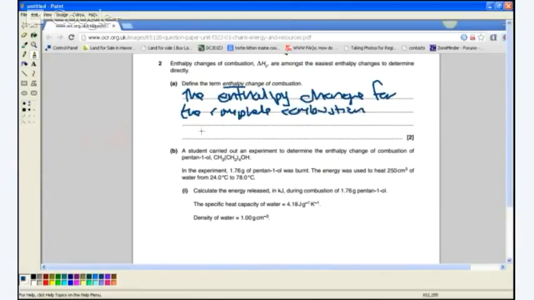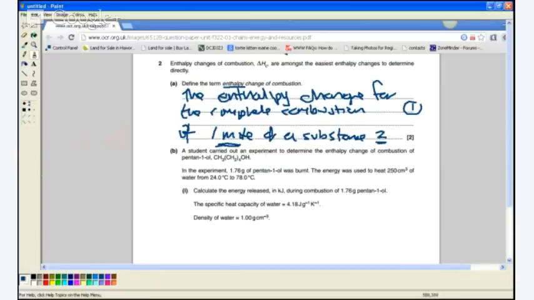The enthalpy change for the complete combustion, 1 mark, of, and this is the tricky bit, 1 mole of a substance. Because most of you have been doing this for one term, there's your second mark, and it has to be moles. The reason is it allows you to compare and reference different compounds and elements.